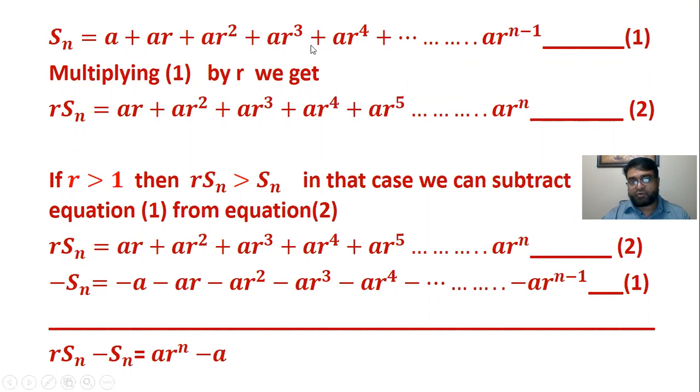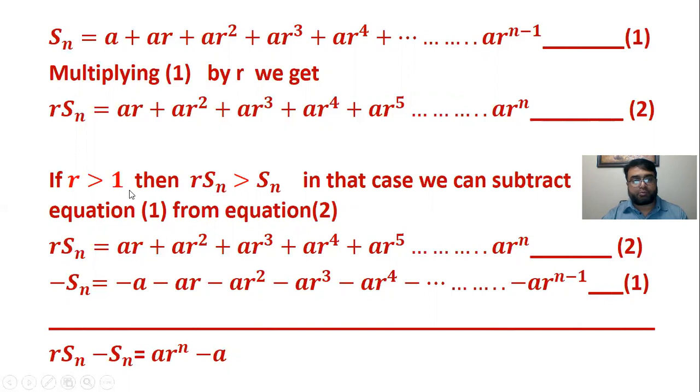That means starting from the first term till the nth term, we are going to add up. So we are naming it Sn, and naming it equation 1. If you multiply equation 1 by r, we get another series, rSn equals ar, ar squared, ar cubed. Actually, r is being multiplied with every term, so we get this relation. We are naming it equation 2.